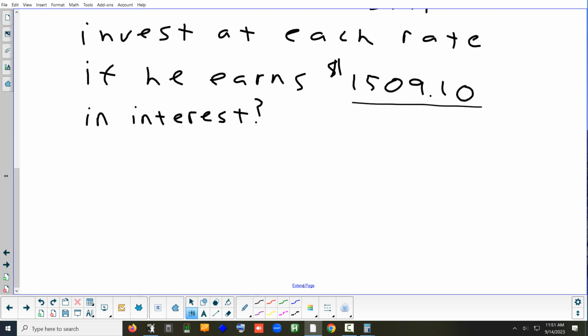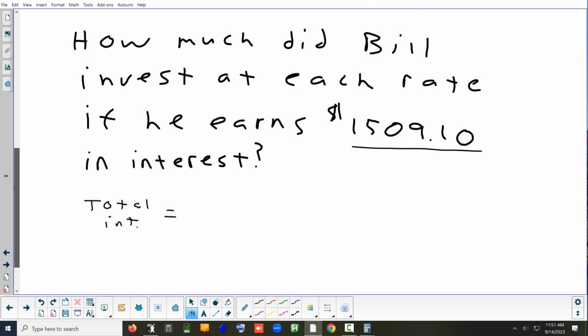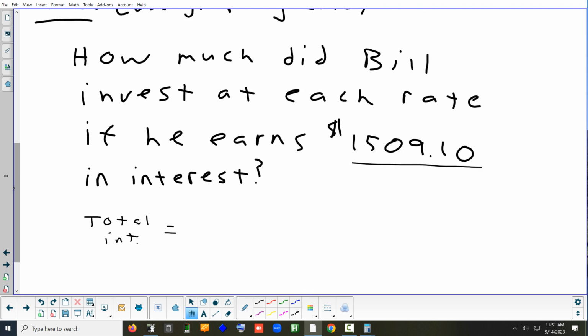So what was our formula for the total interest? 1,720. Okay, so there's the formula that calculates total interest, and it says Bill earned $1,509.10. Where would that $1,509 get plugged in?